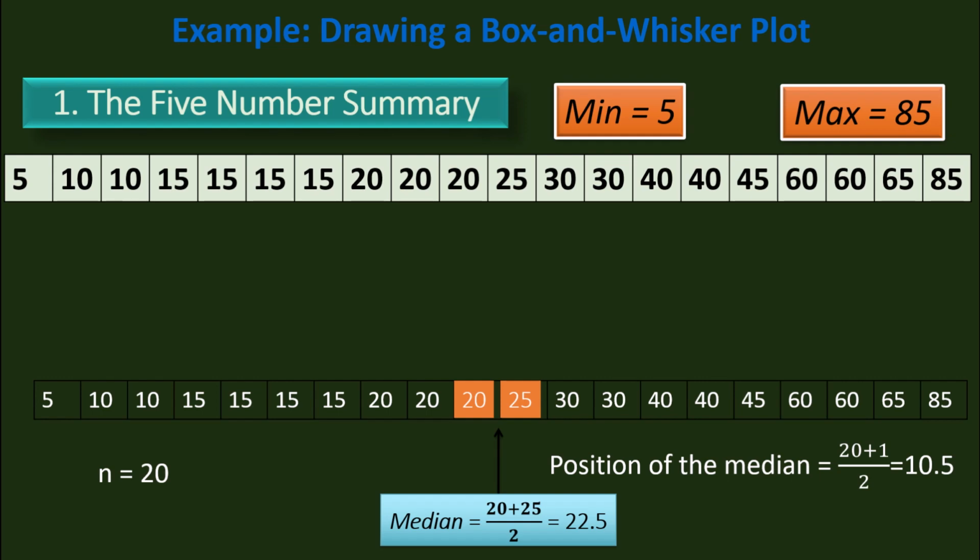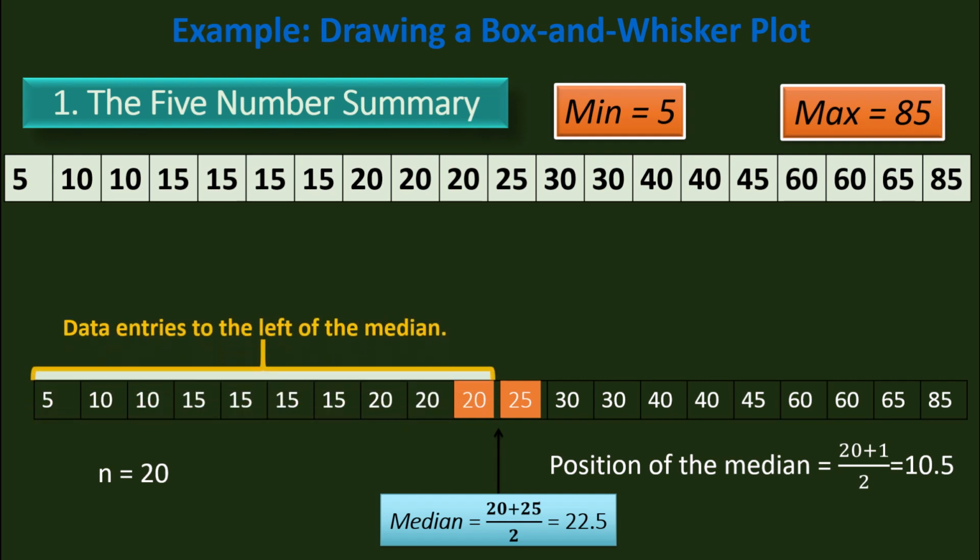Once we have the median, we should divide our data set into two parts. Why? To find the Q1 and Q3. As I explained in a previous video, to find the Q1, we should consider all observations left of the median.